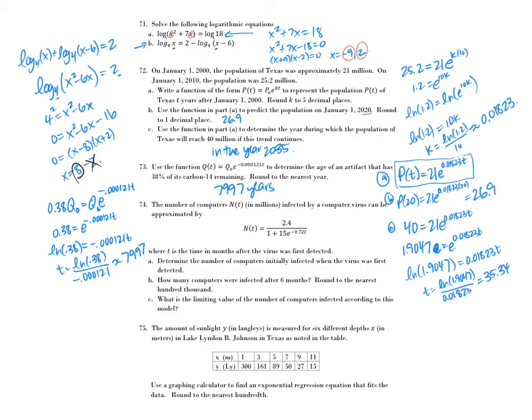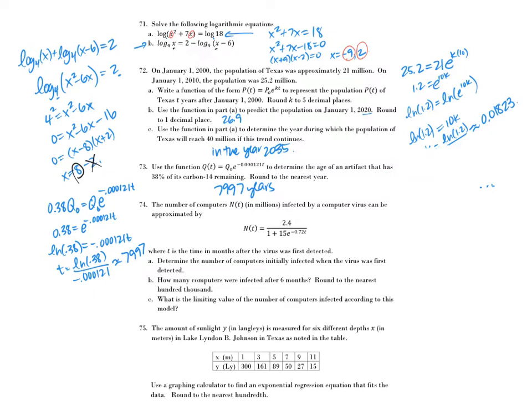The number of computers infected by a computer virus can be approximated by that. Determine the number of computers initially affected. Okay, so the number initially affected would be the number affected when t is 0. So N of 0 is equal to 2.4 over 1 plus 15e to the 0.